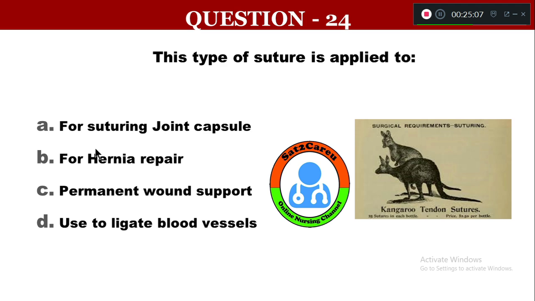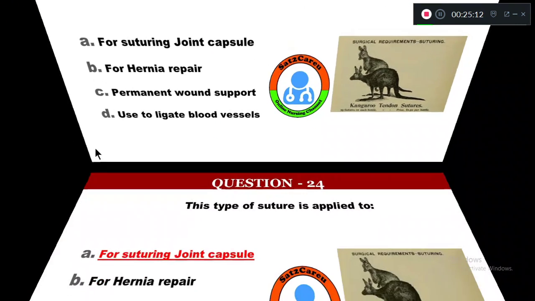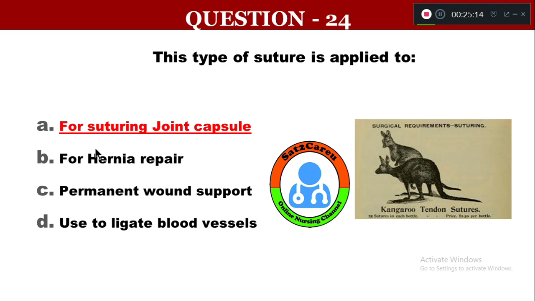Option D used to ligate the blood vessels. The right answer is the kangaroo tendon sutures. The material, which is taken from the tendons of the kangaroo, is used in joint capsule surgeries. For suturing the joint capsule in orthopedics, we are using it.